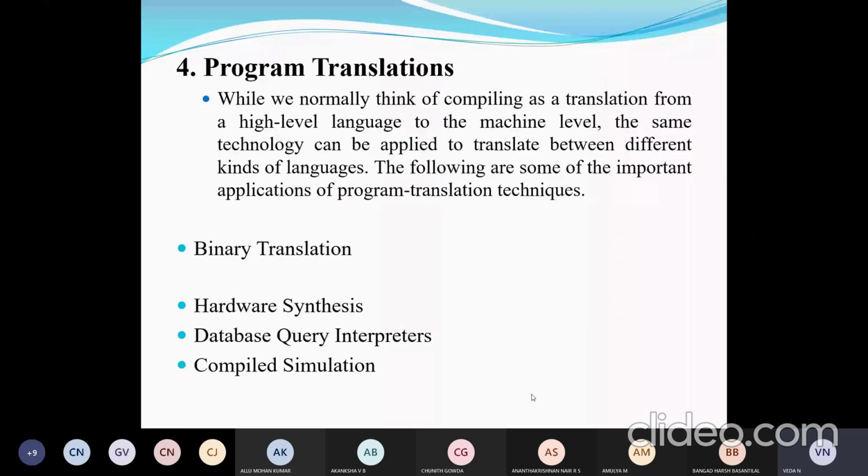Now, binary translation. Compiler technology will be used to translate the binary code for one machine to another, which allows a machine to run programs originally compiled for another instruction set.